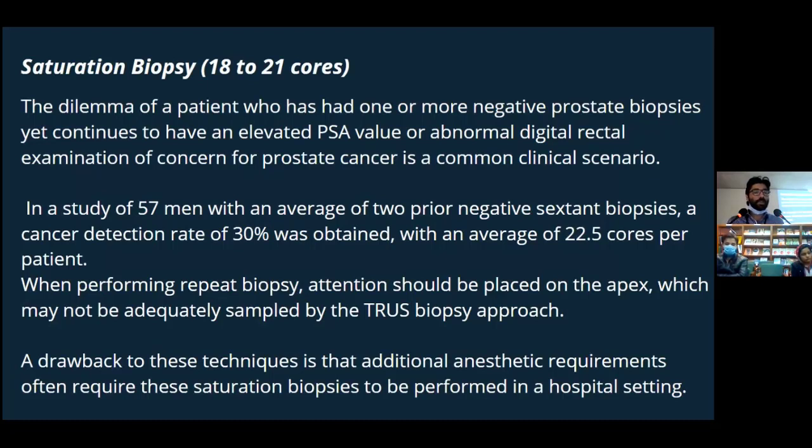When performing repeat biopsy, attention should be placed on the apex, which may not be adequately sampled by TRUS biopsy. A drawback to these techniques is that additional anesthetic requirements make it difficult to do them in an OPD setting.